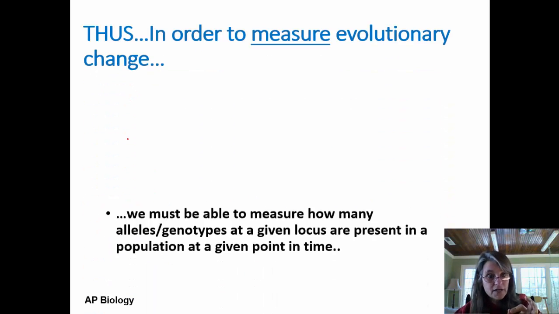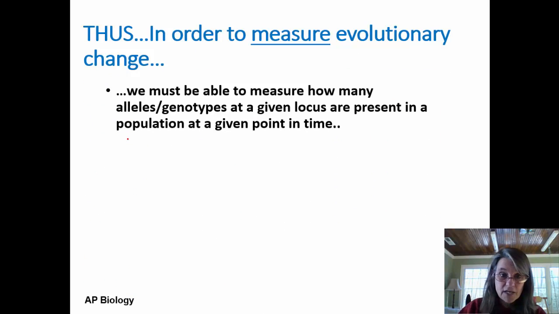So in order to measure this evolutionary change, we must be able to measure how many alleles and how many genotypes at a given locus, a given position in the genome, are present in a population at a particular point in time today. How many big A alleles are in this population?